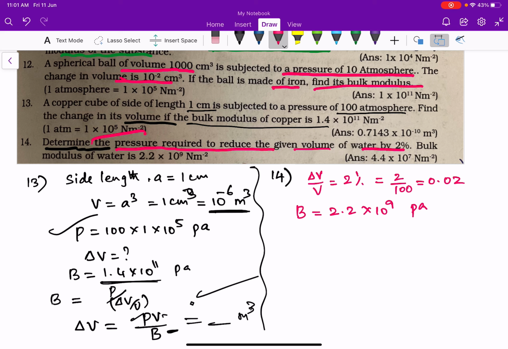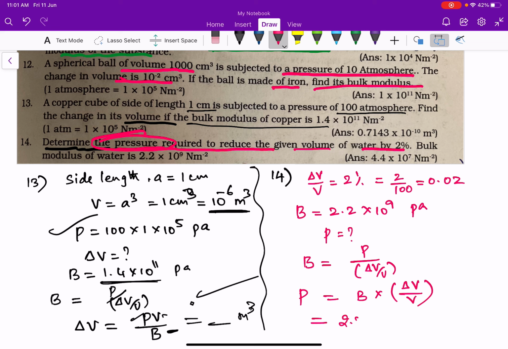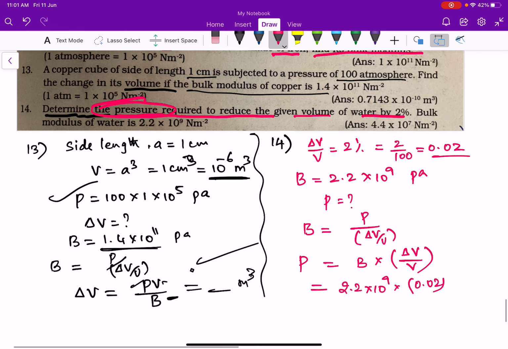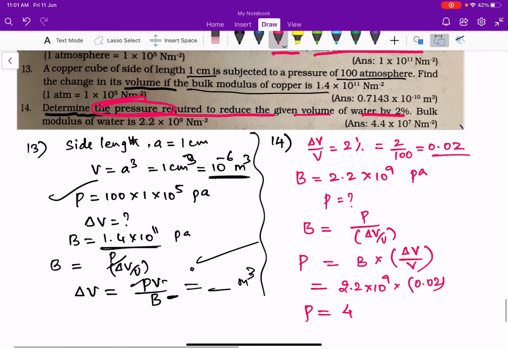Here we are asked to determine the pressure P. We know the bulk modulus B is equal to pressure P by delta V by V. So pressure P is equal to bulk modulus into fractional change in volume, 2.2 into 10 to the power of 9 into 0.02. So we get the pressure as 4.4 into 10 to the power of 7 Newton per meter square or pascals.